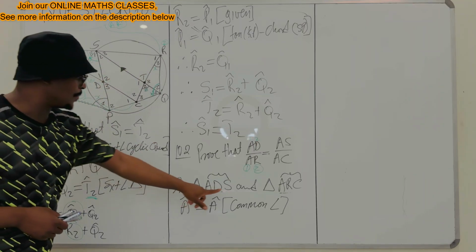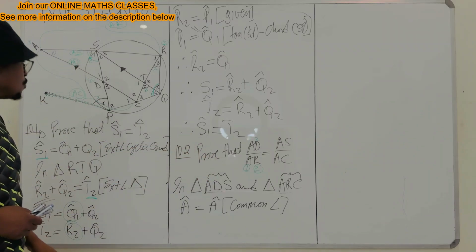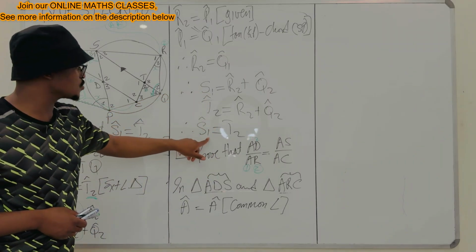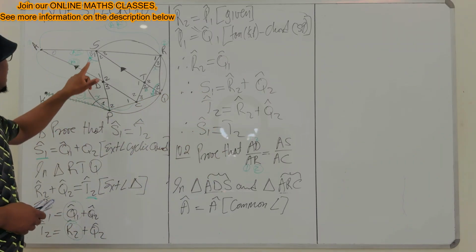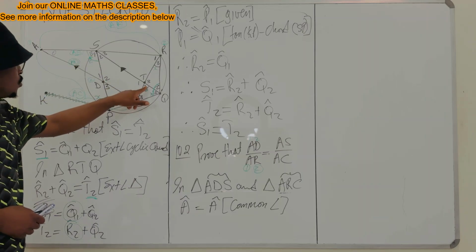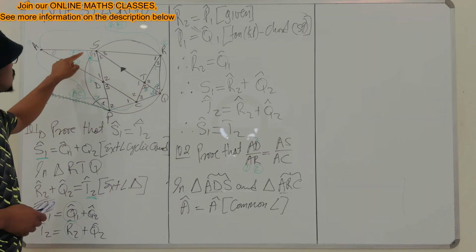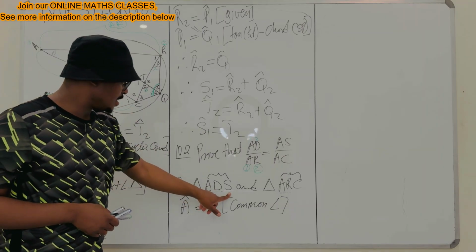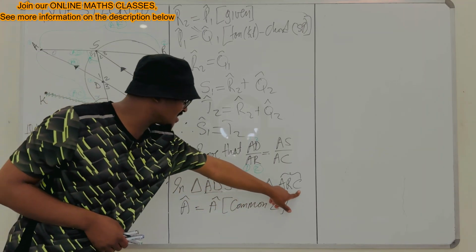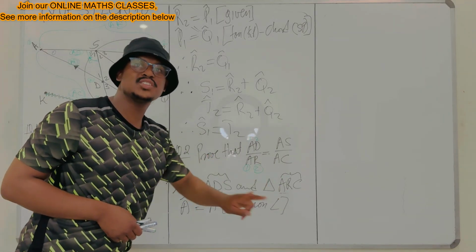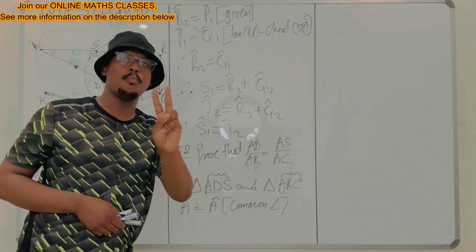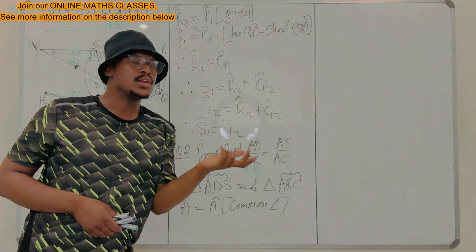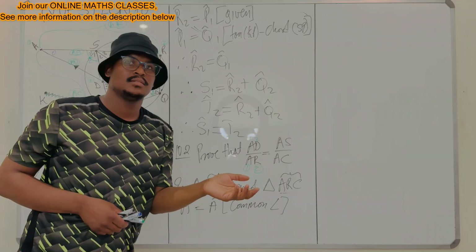But I remember something about S, because remember, on the first question we proved S1 is equal to T2. Right? So at least we have one angle here, angle S, which is this angle S here. If we can prove that angle S is equal to angle C, it would be okay, because at least we would have proved that two pairs of corresponding angles are equal. Then we'll be done. Right?